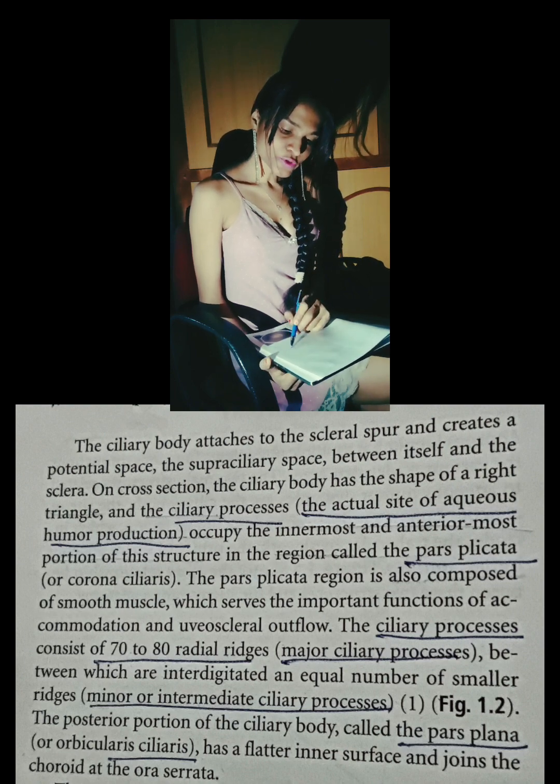The posterior portion of the ciliary body, called the pars plana or orbicularis ciliaris, has a flatter inner surface and joins the choroid at the ora serrata.